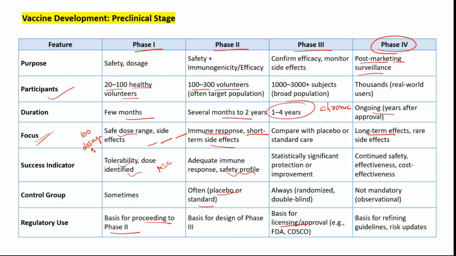If any report indicates a severe side effect after consumption, the whole preparation is refined, and then it is checked and rechecked, including the long term impacts on the individual consuming it, and they always update the risk, that these are the things associated with this kind of vaccine. So these are the different phase 1, phase 2, phase 3 and phase 4 clinical trials.